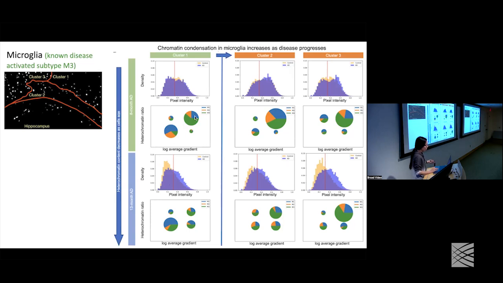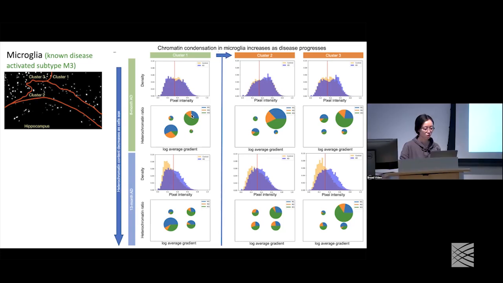And microglia is known to have an early onset of Alzheimer's disease. So even in the cluster 1 region, which we said is less advanced in AD progression and has less accumulation of the amyloid beta plaque, it's already having cells that are high in heterochromatin and also high in the predictiveness of the plaque.